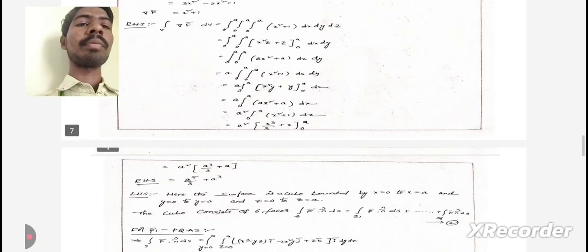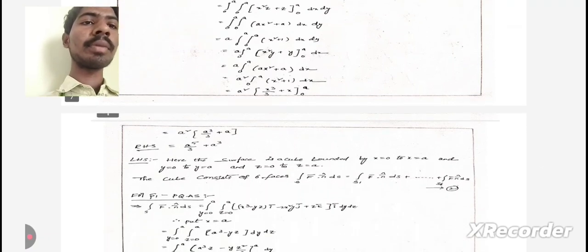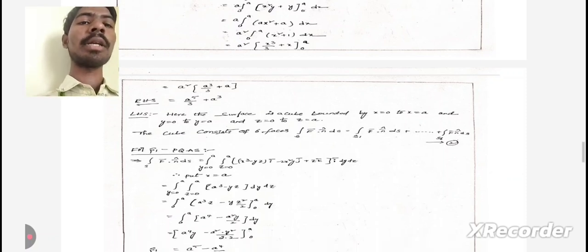Taking a common, a times the integral 0 to a, integral 0 to a of (x square plus 1) dx dy. After integration, (x square y plus y), integral 0 to a dx. After integration, a square into (x cube by 3 plus x) over the limits 0 to a. Then RHS is a power 5 by 3 plus a cube.